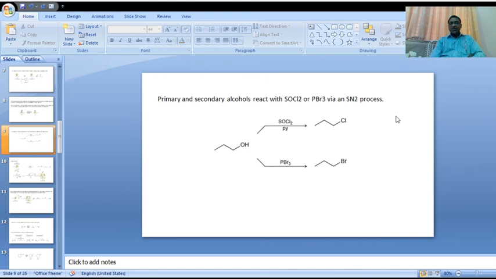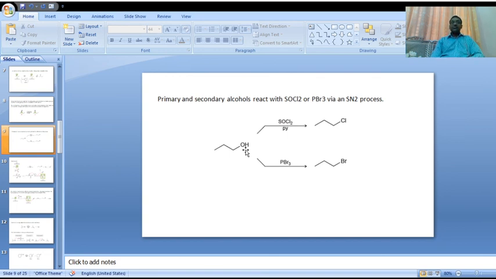The primary alcohol or secondary alcohol contains a bad leaving group, the hydroxyl group. In the first step, in the presence of thionyl chloride or phosphorus tribromide, we convert this bad leaving group into a good leaving group.